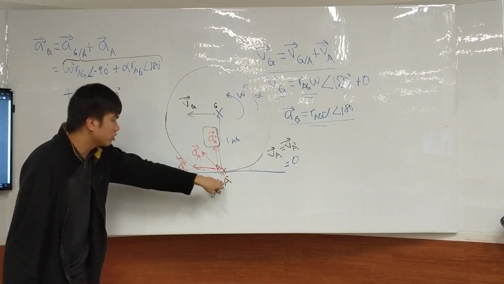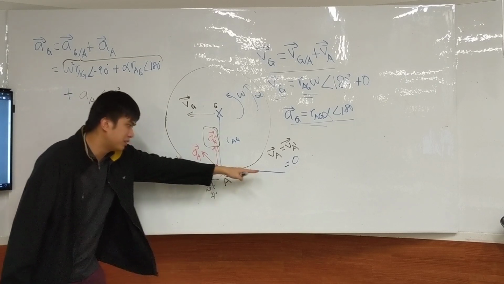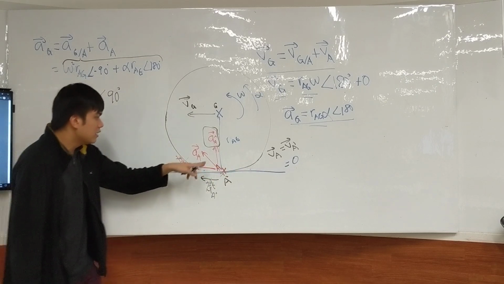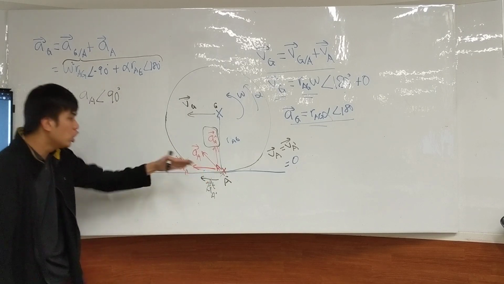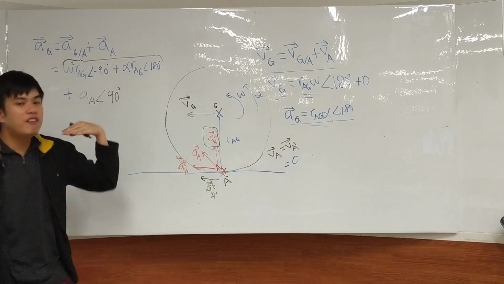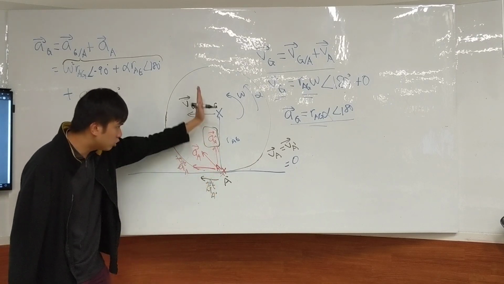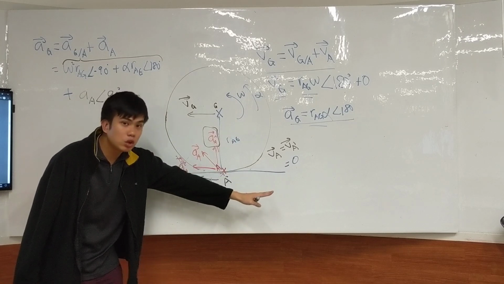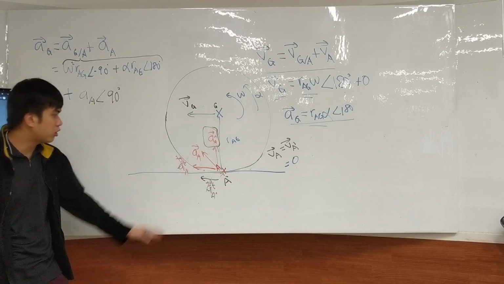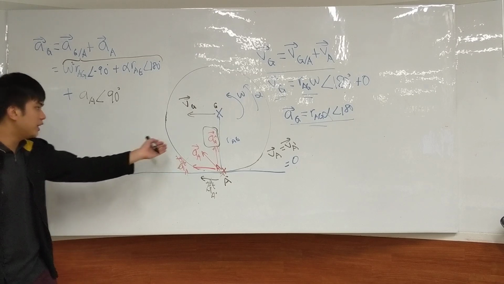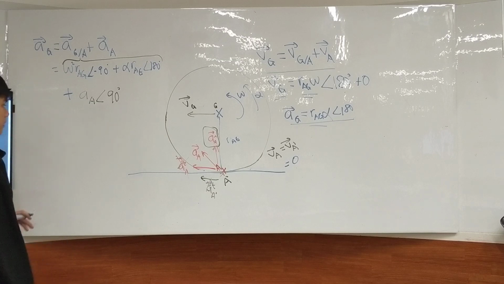In other words, the point on the ground, A prime, does not have an acceleration component along the rolling without slipping plane. Hence, the point A here also could not have an acceleration component along the rolling without slipping plane, making it only have an acceleration component perpendicular to the plane, which means the acceleration of A must be 90 degrees, right? Because AAT is 0, so AAN is basically the direction of A.